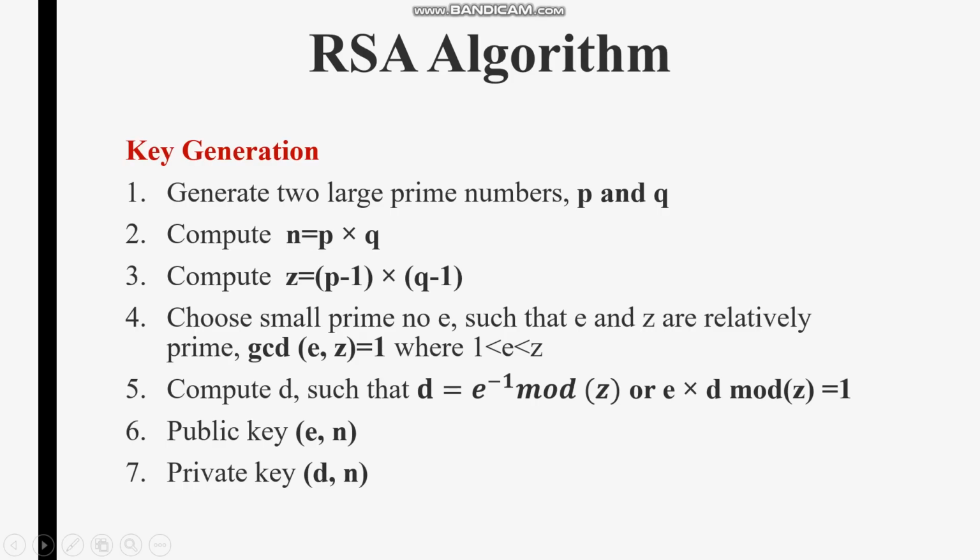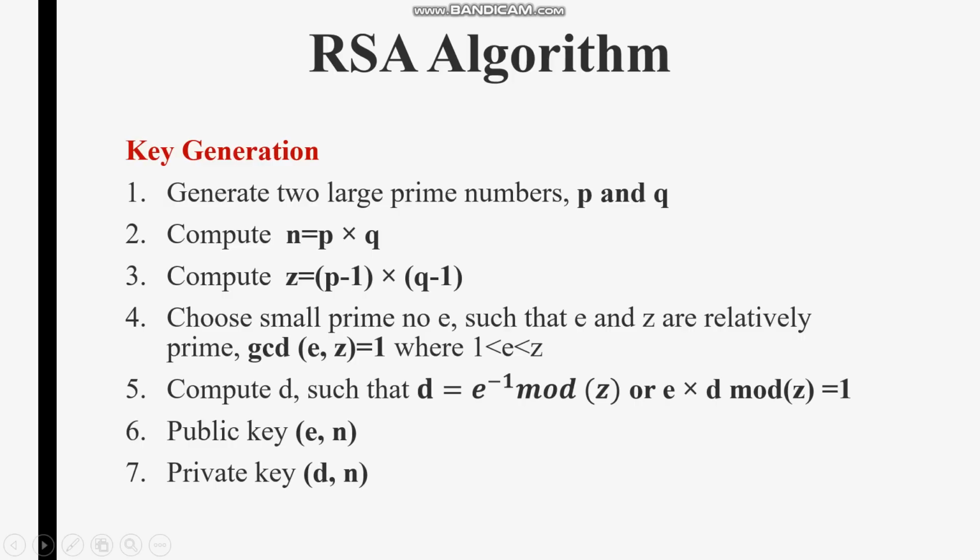In the RSA algorithm, these are the steps to be followed while generating the key. What is the first step? Generate two large prime numbers P and Q. You have to generate two large prime numbers P and Q and compute n, which is P multiplied by Q. Compute P times Q, which is stored in n.